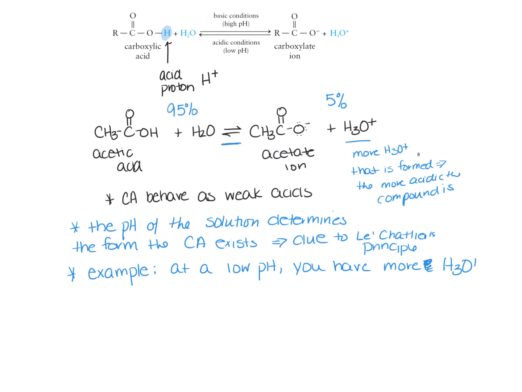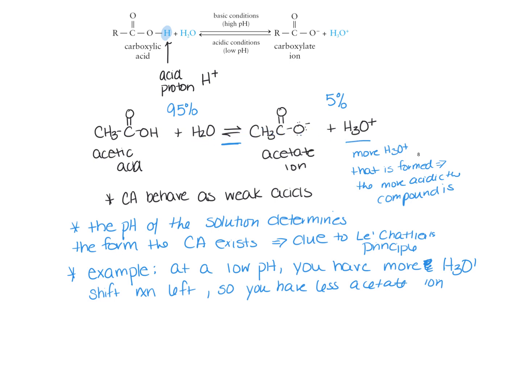And so because you have more H3O+, it shifts the reaction to the left. So you have less acetate ion because you shifted to the left. If you are in a more basic environment and you have less H3O+, then the exact opposite happens. It's going to shift to the right.